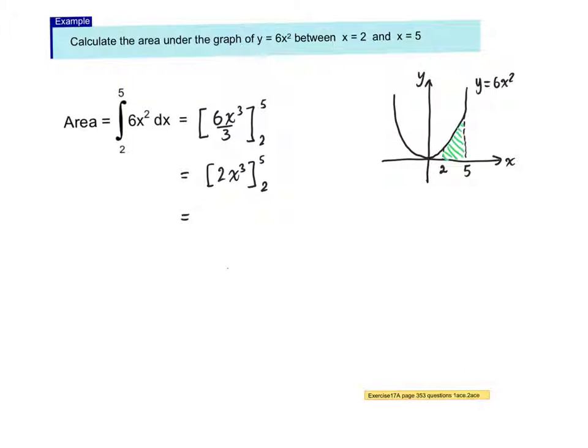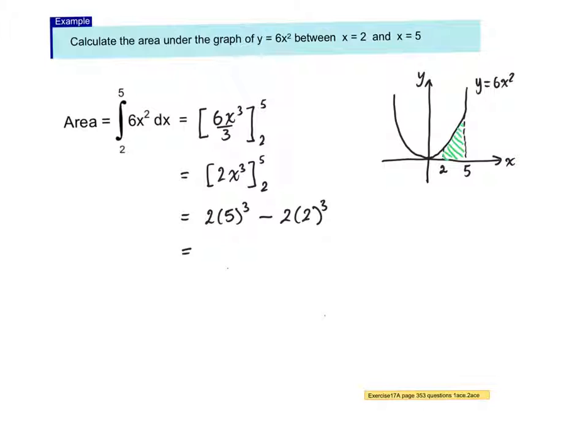So the next step is really straightforward. All we're doing is replacing the x with the upper limit of 5, and from that we're going to subtract what we get when we replace the x with the lower limit of 2 to the power of 3.